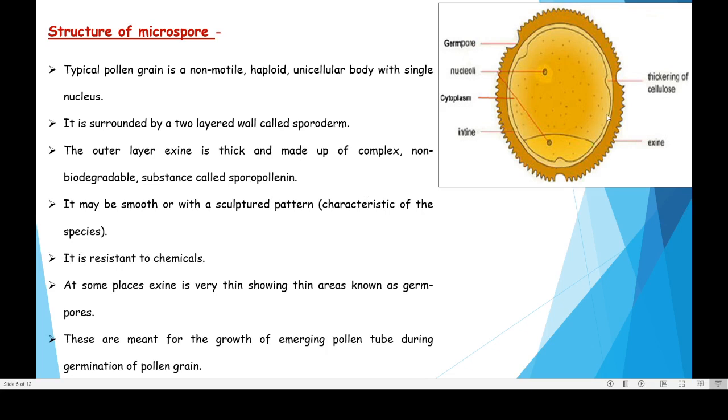This part is called intine. This exine can be either smooth or sculptured. In this diagram, you can see a sculptured or spiny structure is present. So it is a sculptured one. It can be smooth also. And together, collectively, this intine and exine is known as sporoderm.